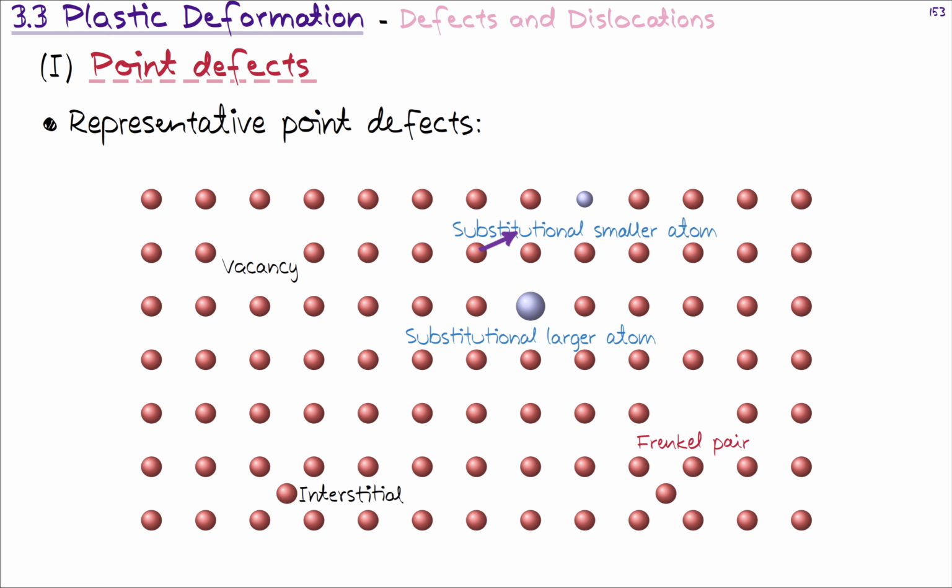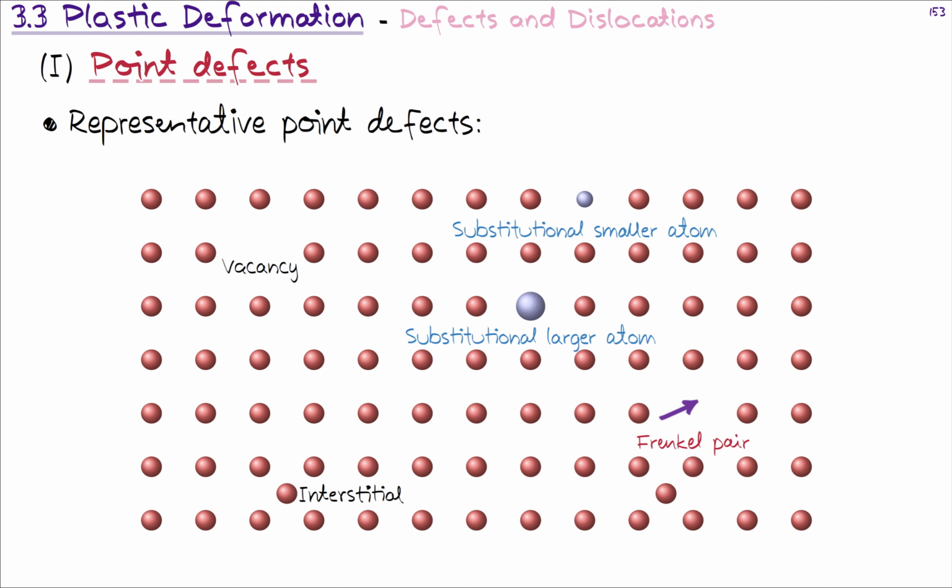Then we may have a substitutional smaller atom, so that we replace a single atom in the lattice with something smaller, a replacement atom, and sometimes we have a larger atom being substituted for the original atom. Then we may have a defect which is actually a combination of two defects, and these are called a Frenkel pair.